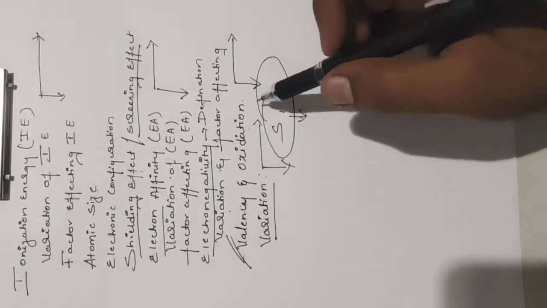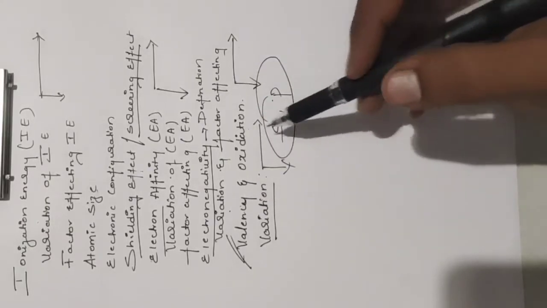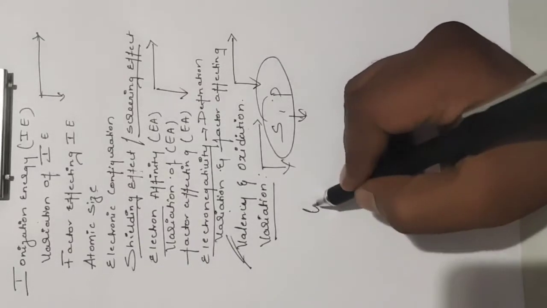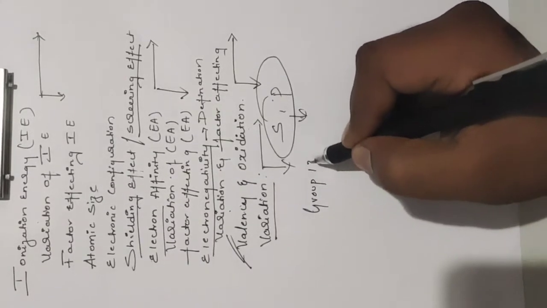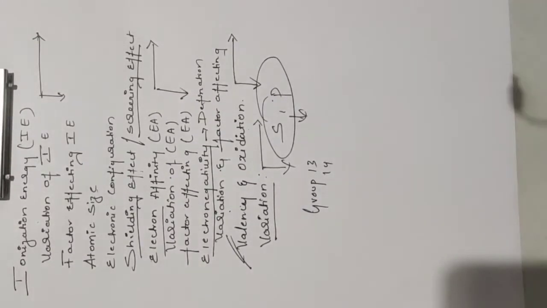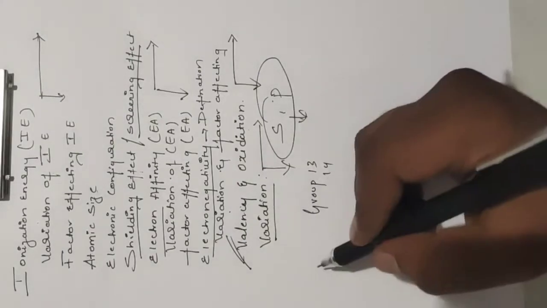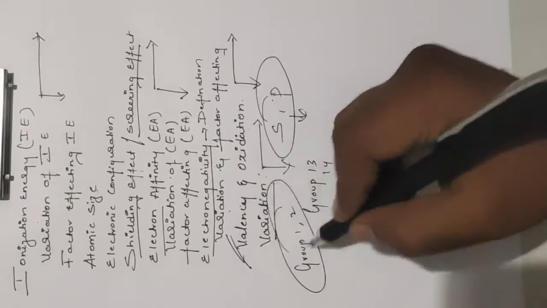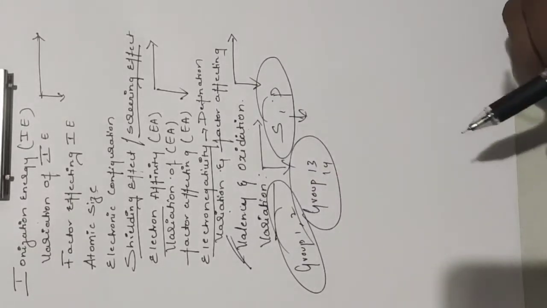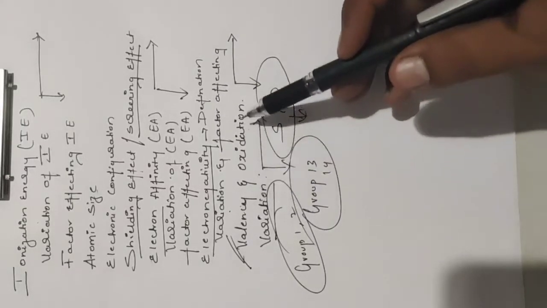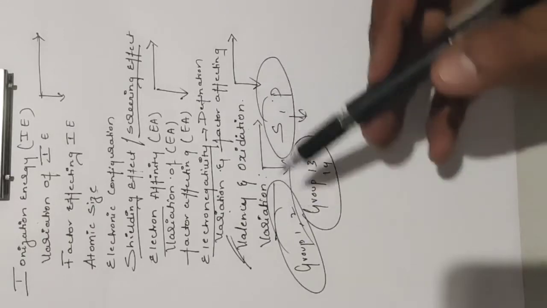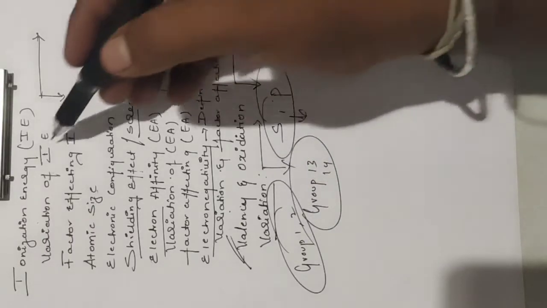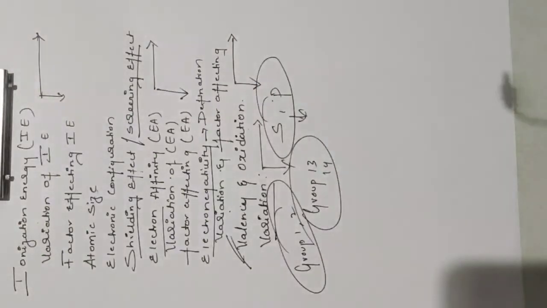I told you that valency and oxidation numbers change while discussing group 13, group 14 and also group 1 and 2 elements. Correct? Now we are going to discuss these topics briefly in this session.